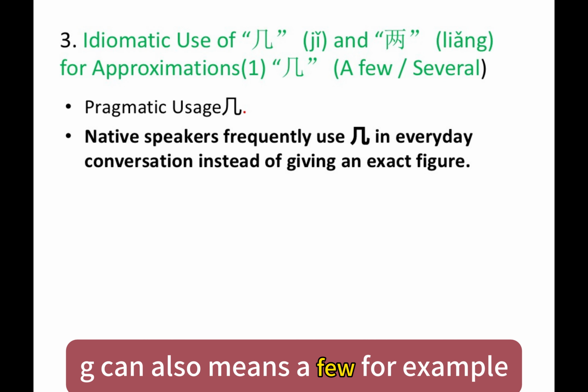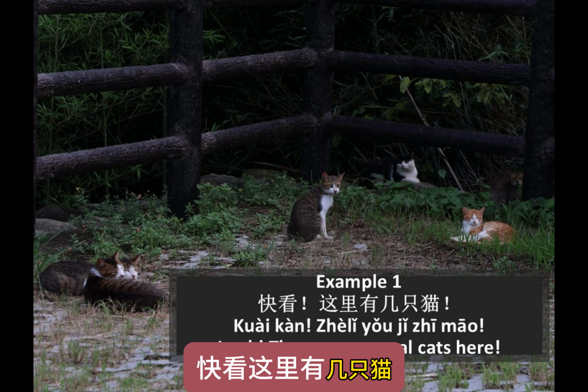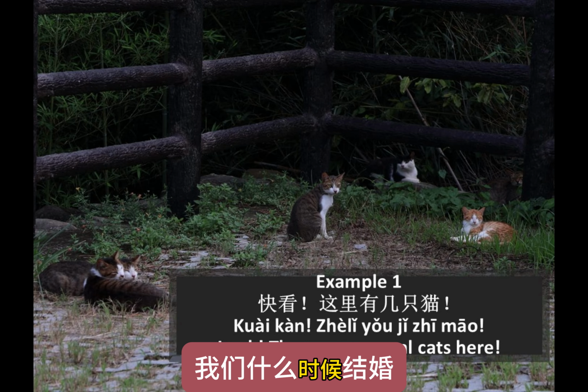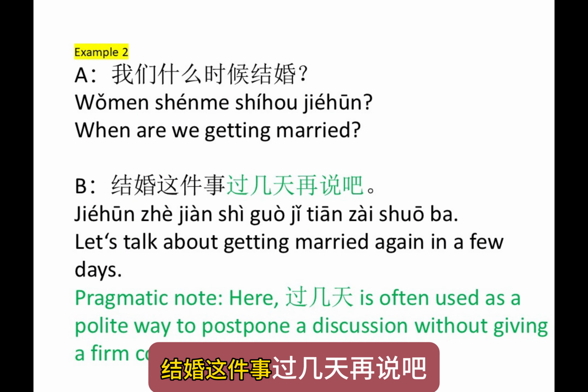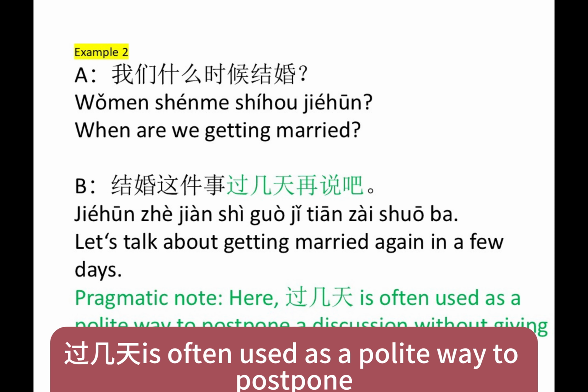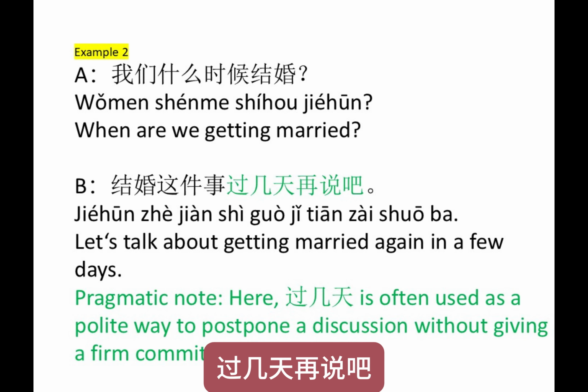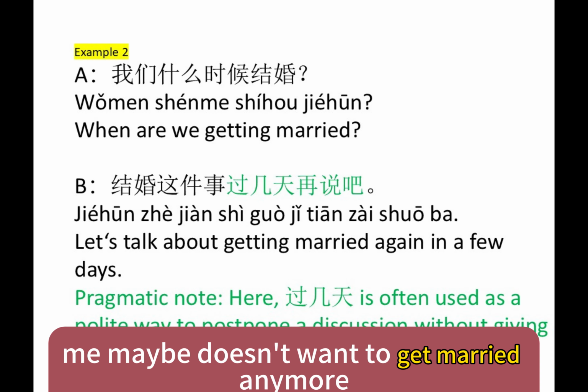For example, 快看，这里有几只猫？可能有4-5只吧。我们什么时候结婚？结婚这件事过几天再说吧。过几天 is often used as a polite way to postpone a discussion without giving a firm commitment. 过几天再说吧 — maybe he doesn't want to get married anymore.